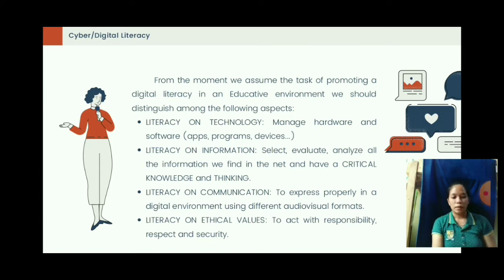So, literacy on communication is the capacity to communicate using inscribed, printed, or electronic signs or symbols for representing language.